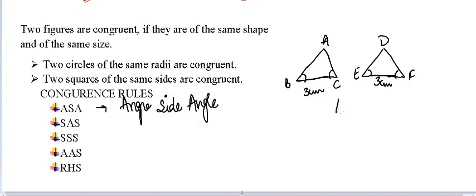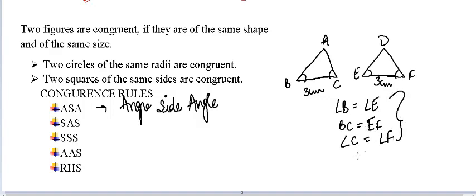If angle B is equal to angle E, and BC is equal to EF, and angle C is equal to angle F, then this means triangle ABC is congruent to triangle DEF.